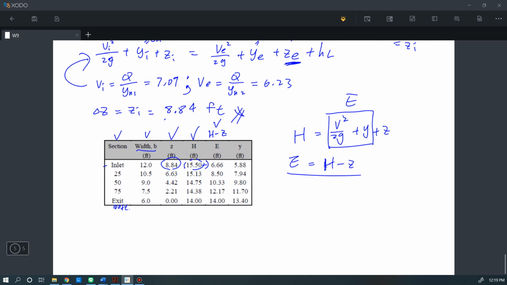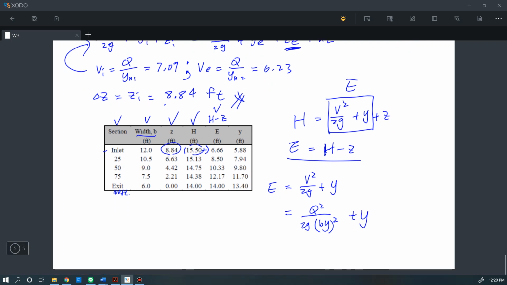To do that, we know that the specific energy is equal to V squared over 2g plus Y, and we can replace the velocity term with Q divided by B Y, all squared over 2g, plus Y. Why?